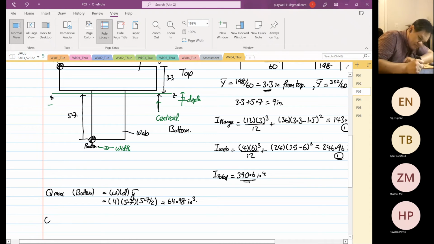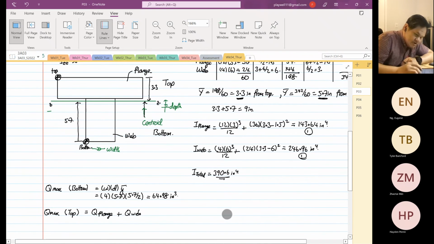So Q max by looking at the top. We have to find the Q of the flange plus the Q of the web. If it's done correctly, the answer should be the same. The width is 12, the depth is 3, the y bar is 3.3 minus 3 divided by 2. And then plus the web.